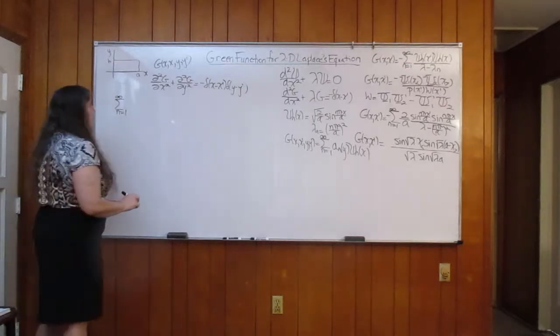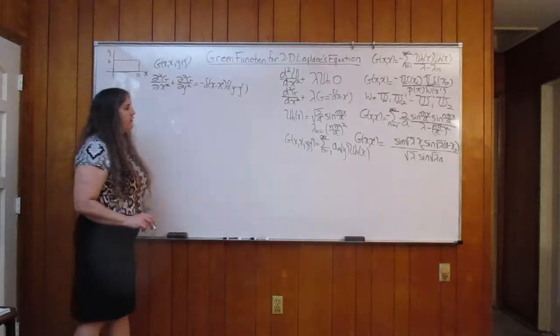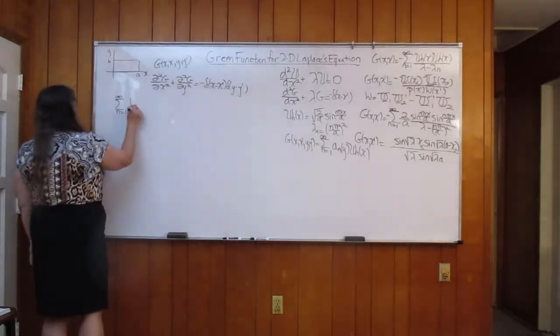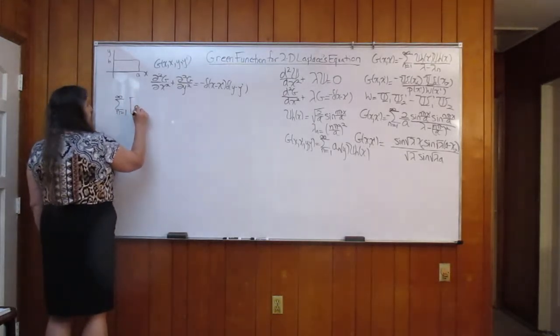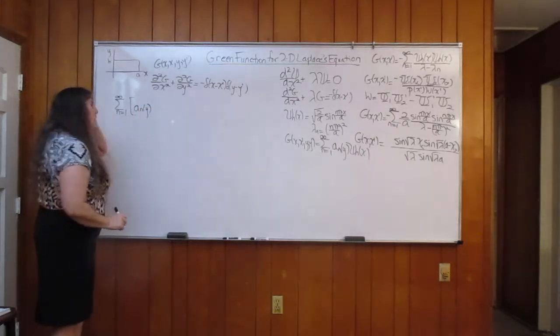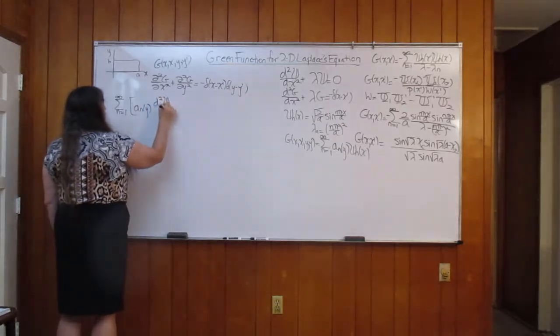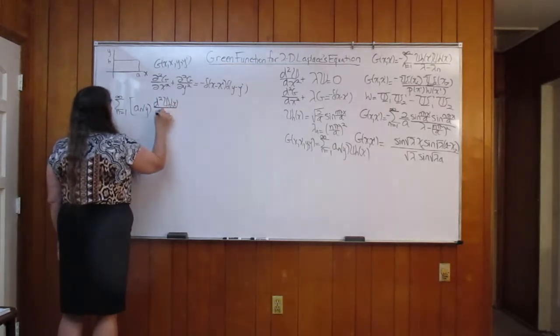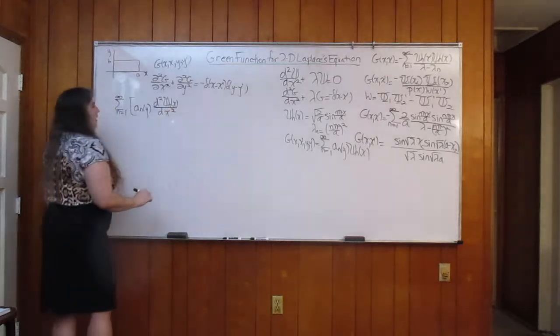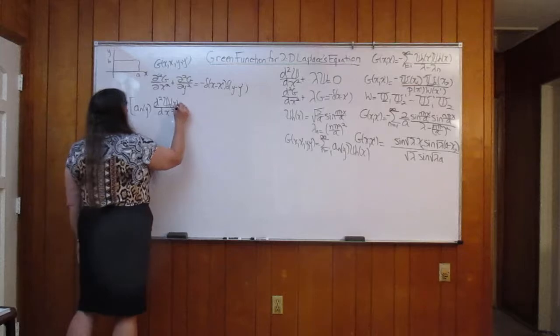And I'll pull the summation sign out front when I take the second derivative of g with respect to x. That's going to leave the coefficient a of n untouched, and it'll be times the second derivative of the eigenfunction psi of n with respect to x.